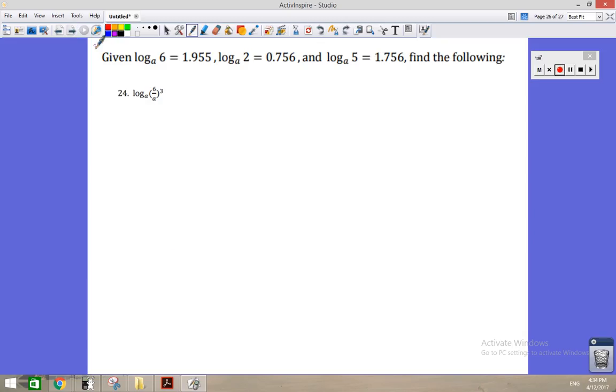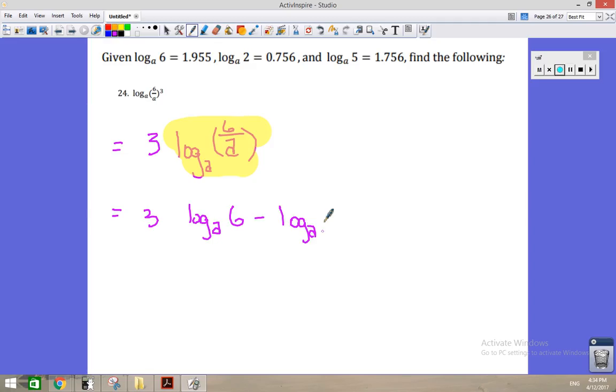Alright, now let's take a look at this one. Even though I have a fraction there, I have to deal with this exponent first. So I've got 3 times the log of this fraction. So remember, it's 3 times, well, this guy that follows. What follows here, I'm going to write it as a subtraction, log of the numerator minus the log of the denominator.